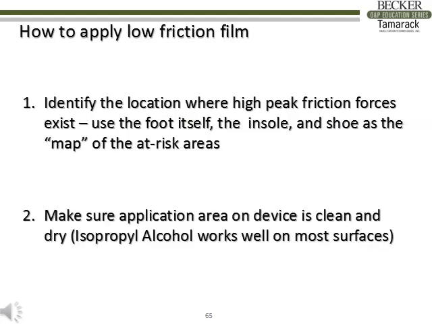The first step to applying a low-friction film patch is to identify the exact location where trauma is occurring on the foot, or where it is predicted. Active wounds, calluses, scars, chafing, and reddening of the skin all point to the trouble spots. Scar tissue, especially when adhered to underlying connective or bony tissue, is very vulnerable.